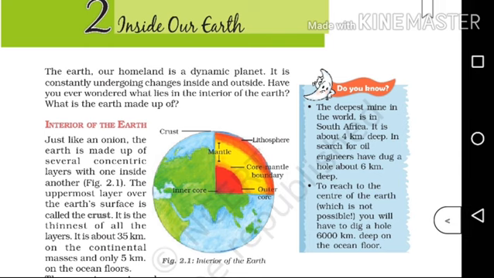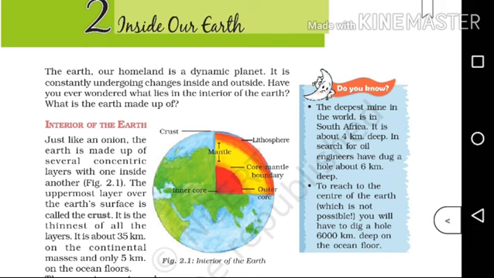So, the Earth is made up of several concentric layers. That means thick layers. Several layers are there. The uppermost layer is known as crust. It is the thinnest layer and it is 35 km thick over the continental mass and 5 km thick over the ocean floor.